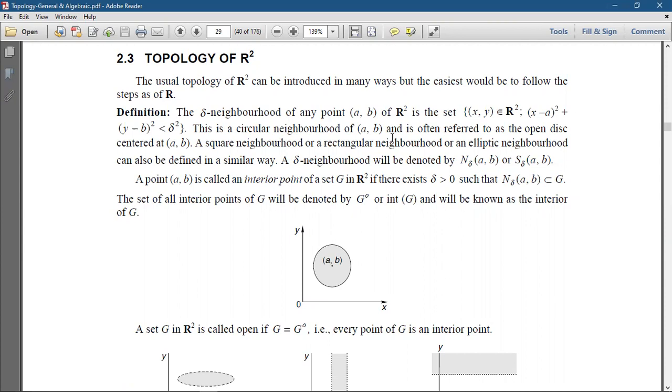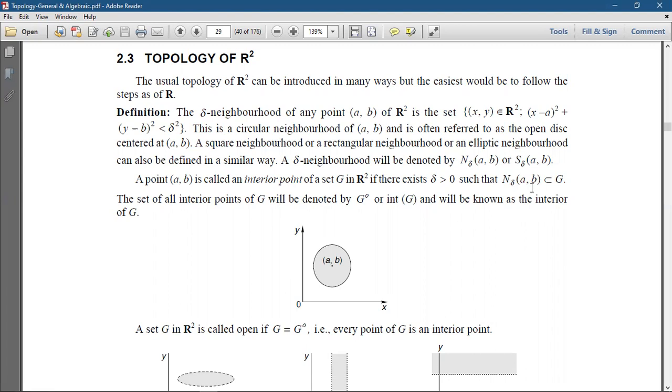A point (a, b) is called an interior point of a set G in R square if there exists a delta greater than 0 such that the delta neighborhood of (a, b) is a subset of G. That means the same thing, but here the point is represented as (a, b), whereas in the topology of R the point was represented simply as a or p, that means a single point.